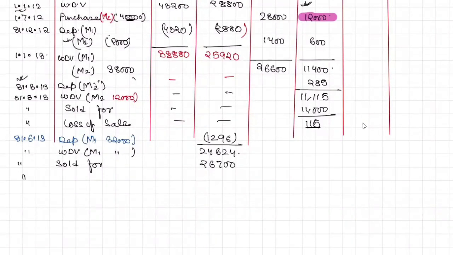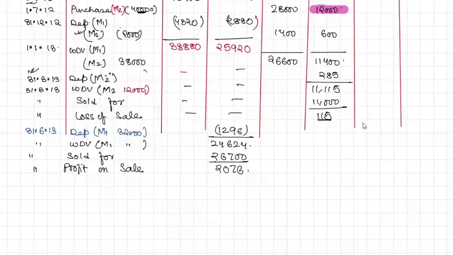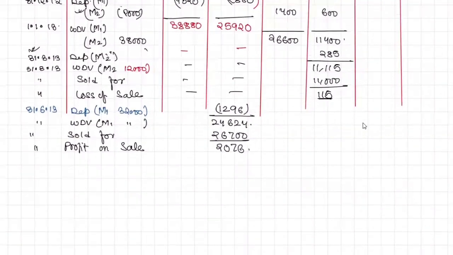Okay. So definitely we are having some profit on sale. So profit is 2,076.